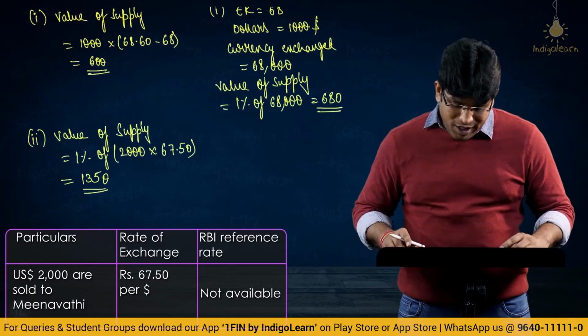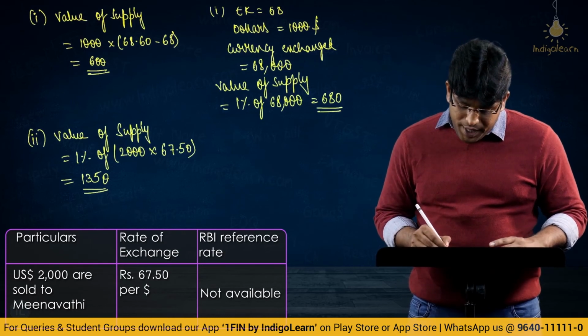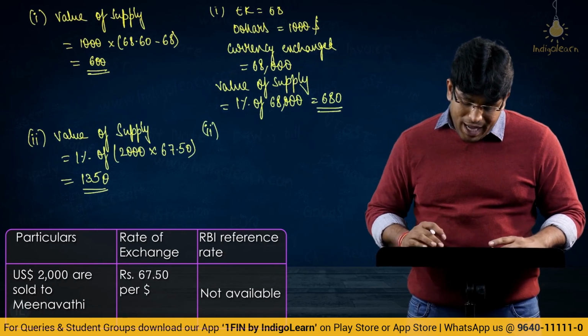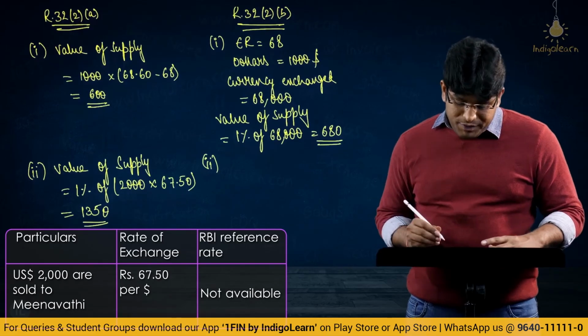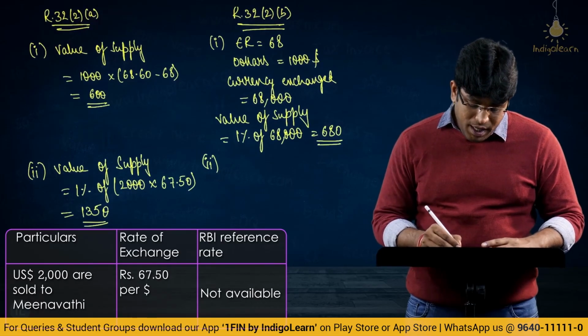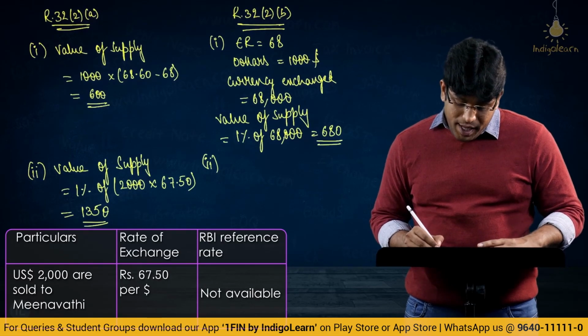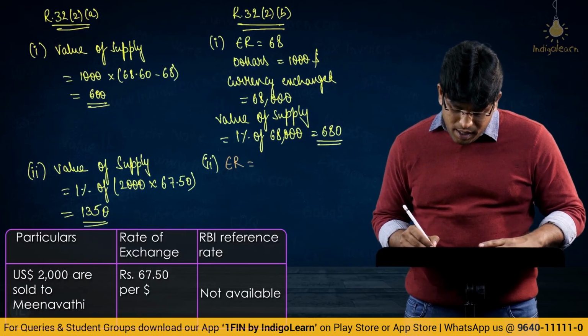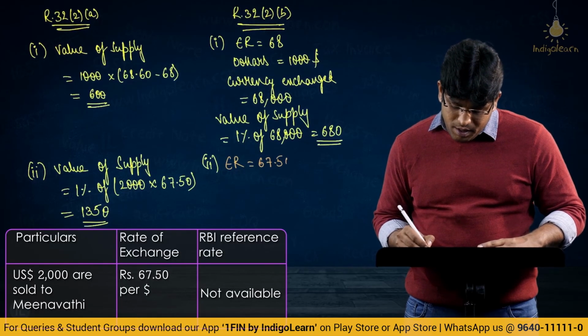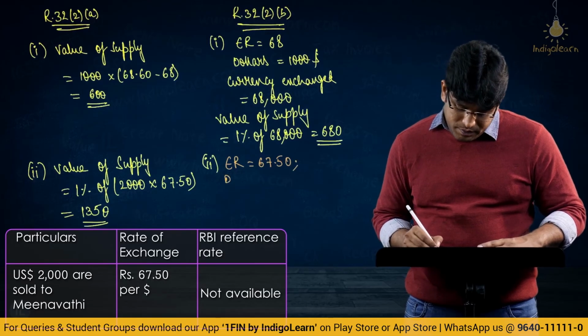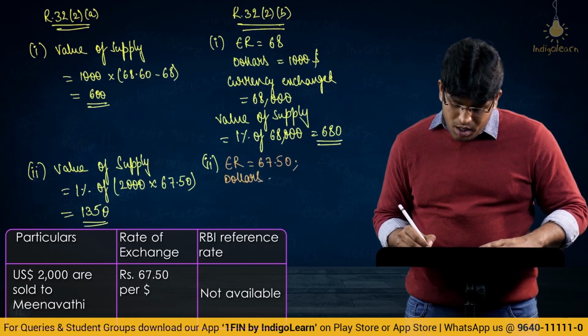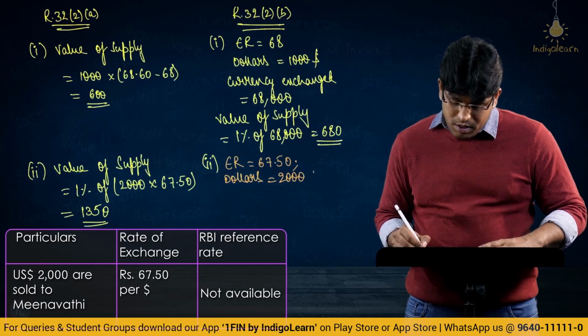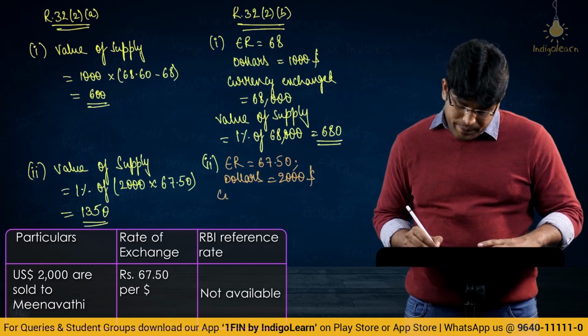So let's do the calculation for 32.2b also and close this particular question. If I have to look at 32.2b, then what is the answer? Straight away, exchange rate is 67.50 and dollars is $2,000.